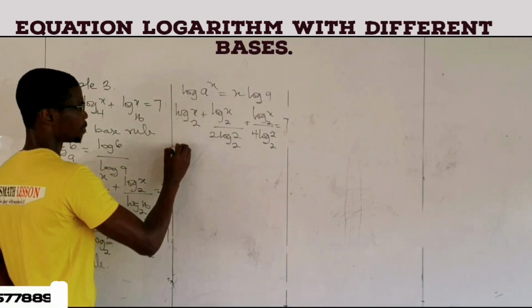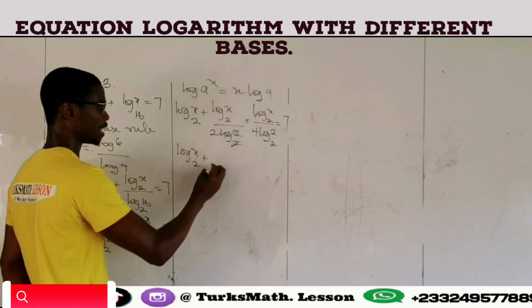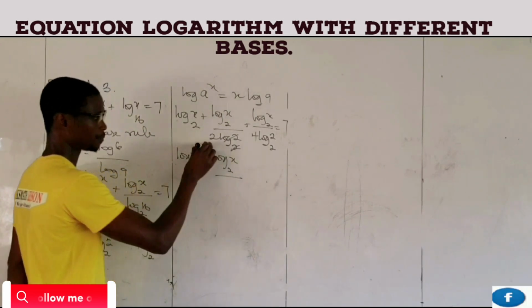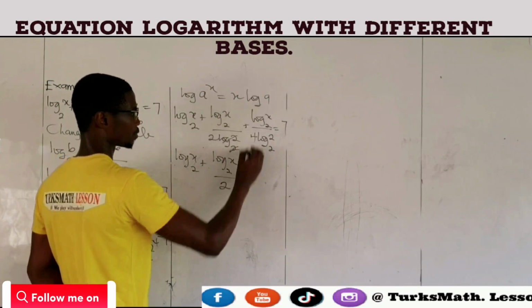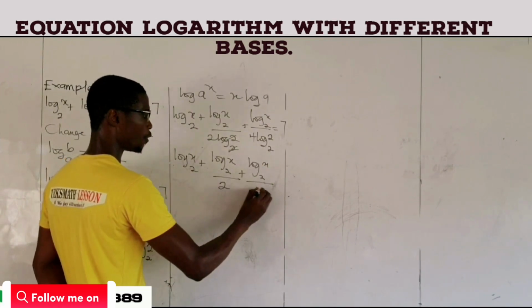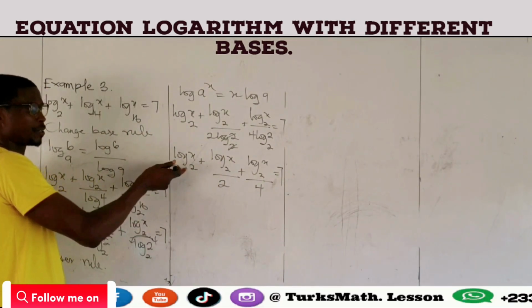So we are going to have log x base 2 out of 2 plus log x base 2 out of 4 equals 7.